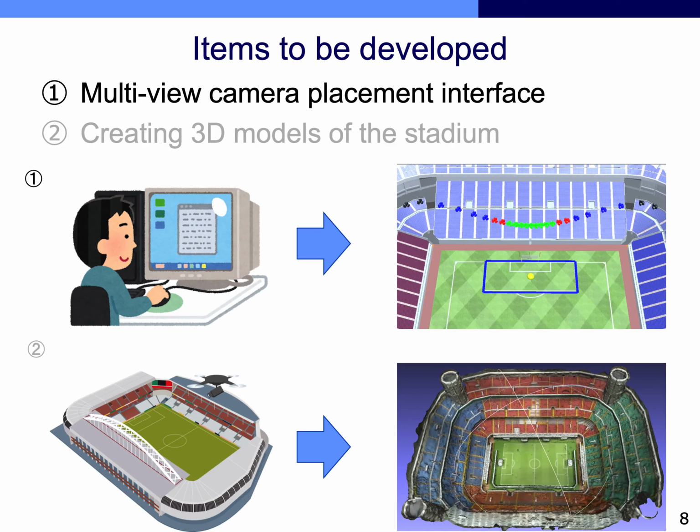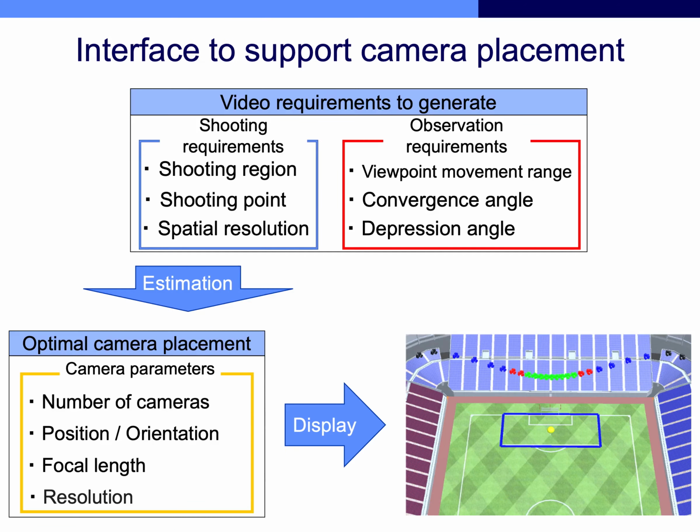Next, I will talk about multi-view camera placement interface. Here is how the interface works. The user inputs two kinds of requirements: shooting requirements for multi-view camera and observation requirements for viewing the generated video.